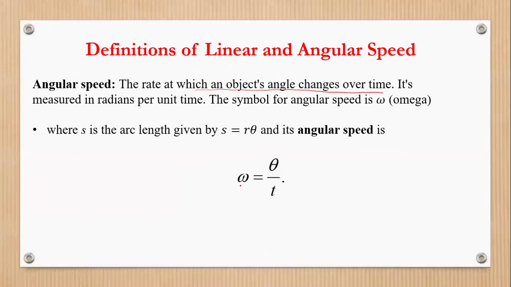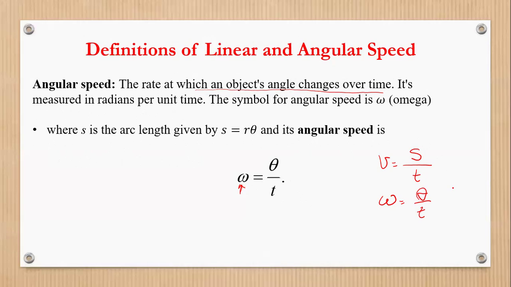And this is called omega. This is not W, it's omega, the Greek letter. So the linear speed, or V, is s over t, the object's distance change over time. Angular speed is theta over t, the object's angle change over time.